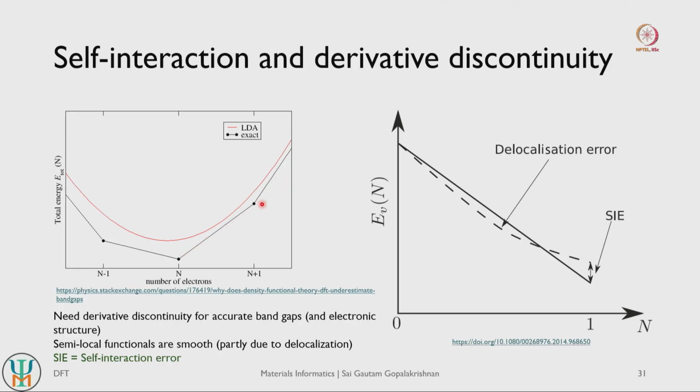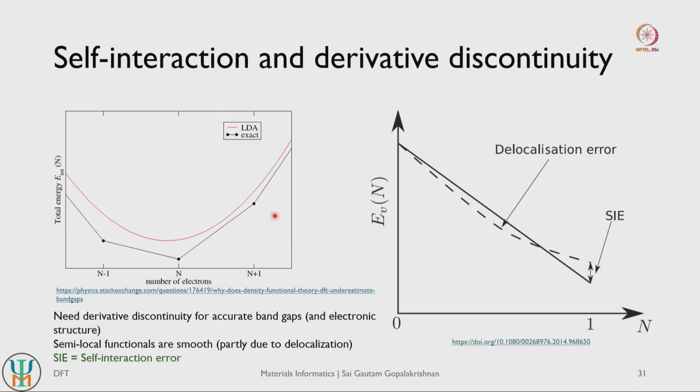So for any number of electrons between n and n plus 1, you will represent the energy as a straight line. The straight line basically represents a weighted average, right. So this is how your actual system should behave. n minus 1 has a distinct energy, n has a distinct energy, and n plus 1 has a distinct energy. So energies between them should always be a weighted average. So you will have piecewise linear interpolation across these data points, right.